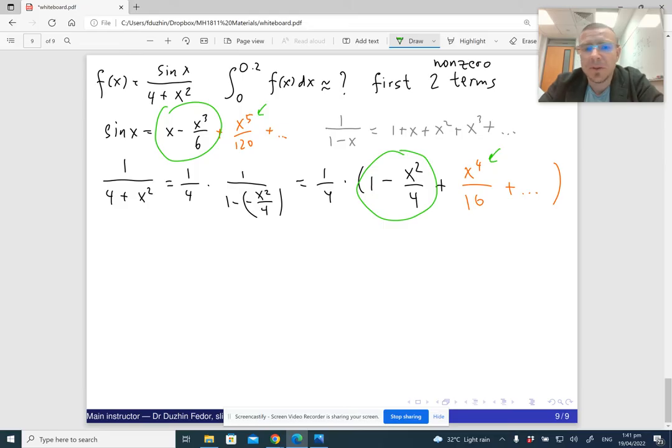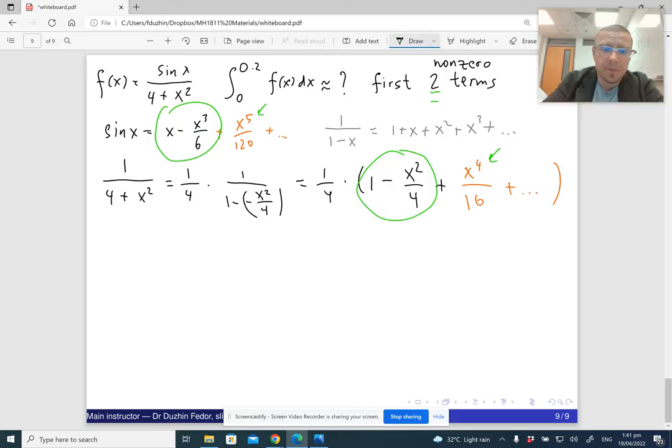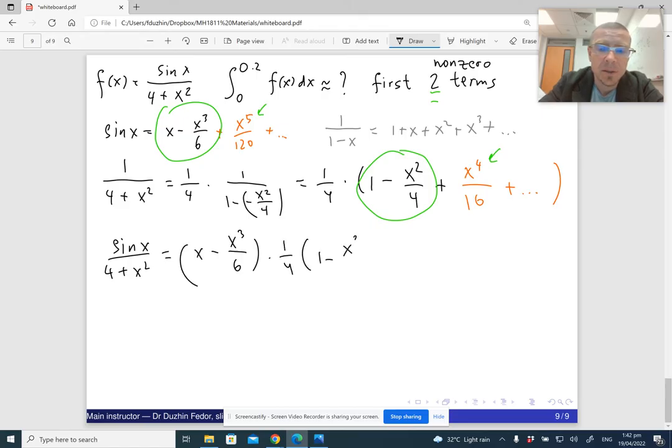They're going to be the third or fourth term and so on, and we just want the first two non-zero terms. So our function, sine x divided by 4 plus x squared, is really x minus x cubed over 6 times 1/4 of 1 minus x squared over 4 plus terms of higher order.